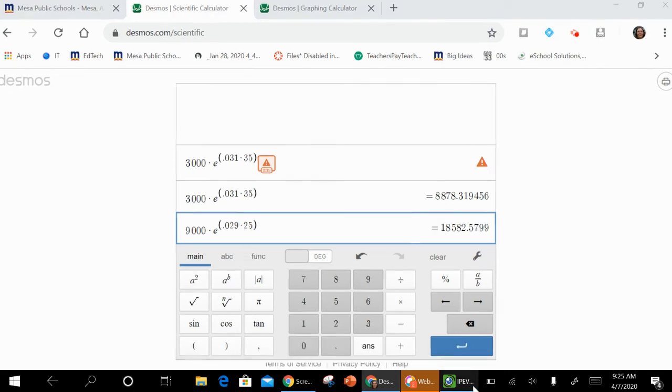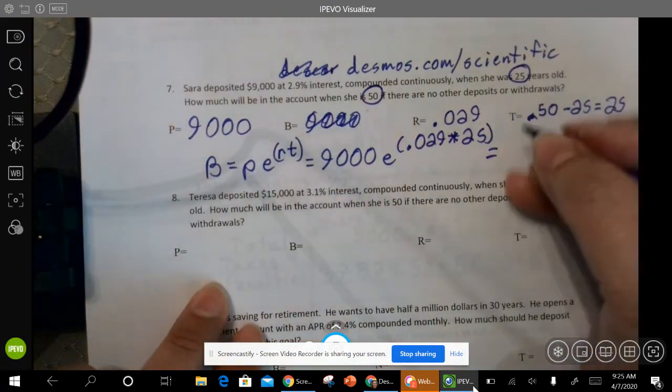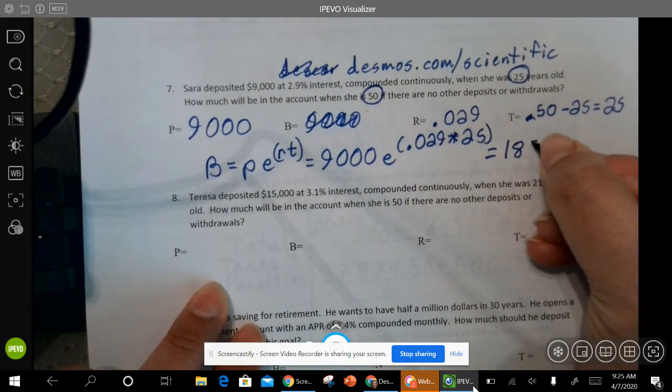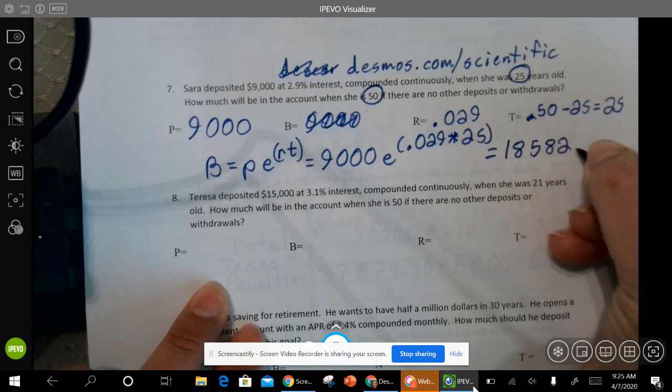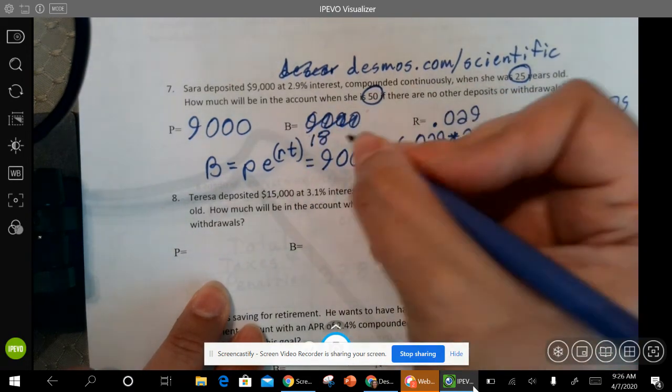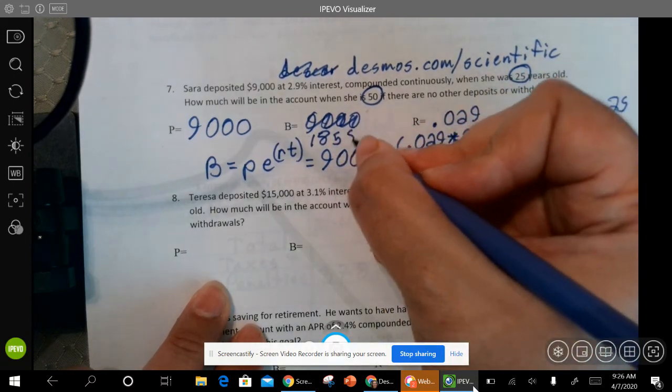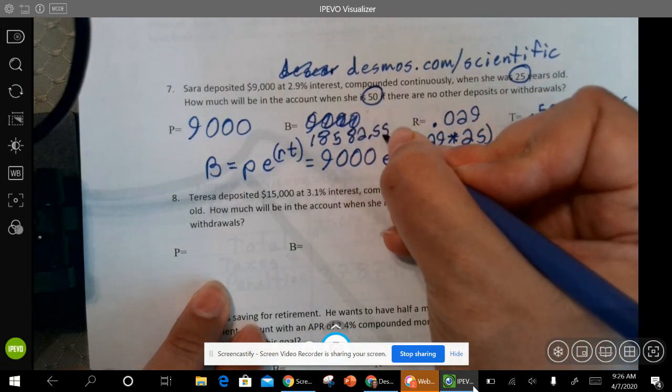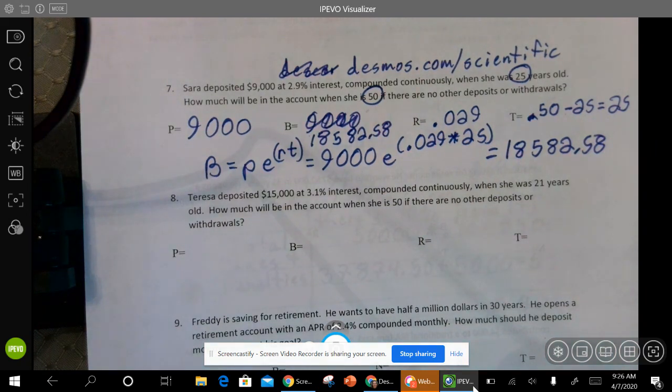Okay. So Sarah, the balance, she would have $18,582.58. Okay, everybody got this.